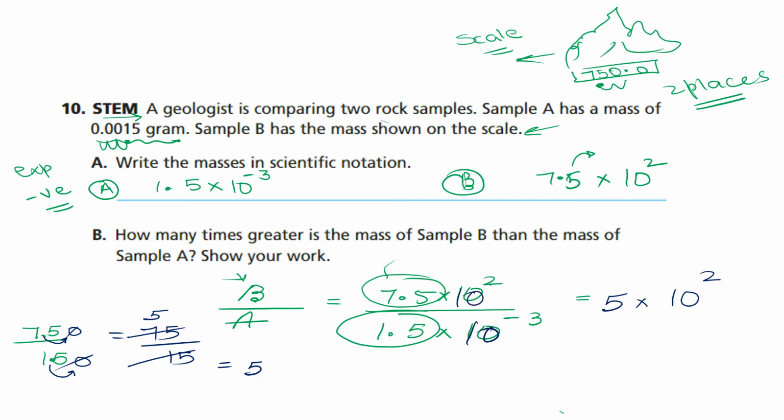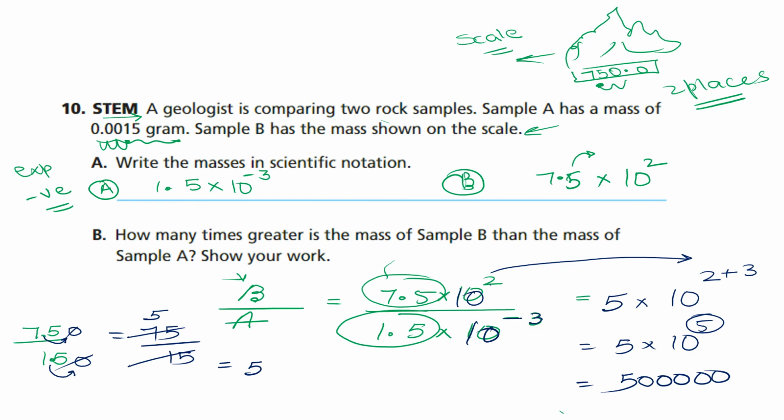The upper power we write as it is, and for the below power we change the sign. So it will be 5 into 10 to the power of 5. Now 5 means after the 5 put 5 zeros. So 1, 2, 3, 4 and 5. So I hope that this is clear to you.